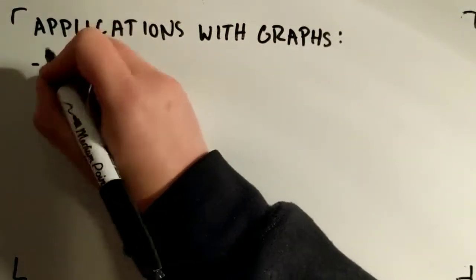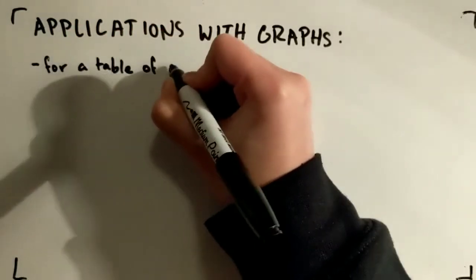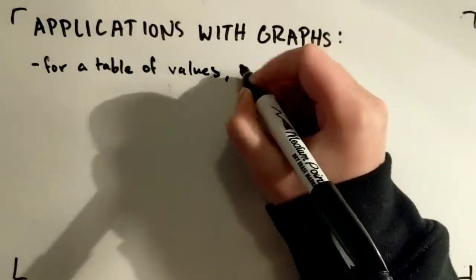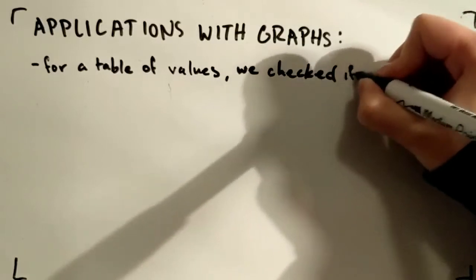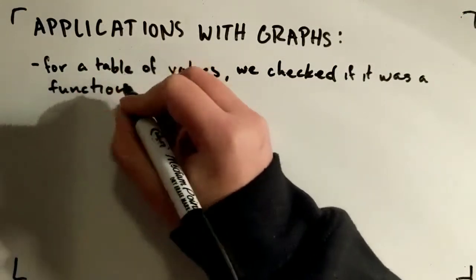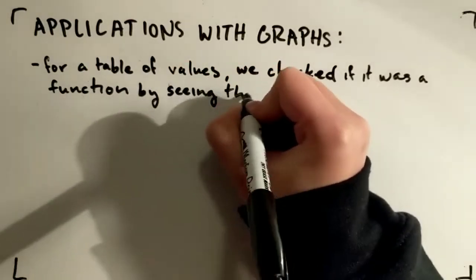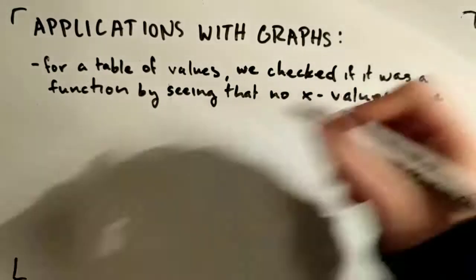So how can you tell if something's a one-to-one function in a graph? So with the table of values, we checked to see if it was a function by making sure that no x values were equivalent to each other, so there were no repeating x values.